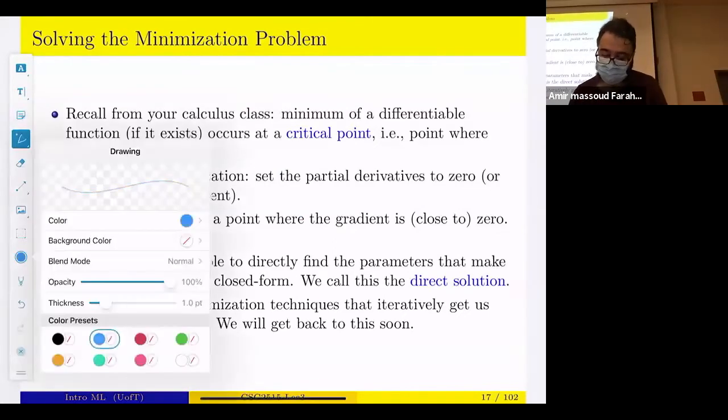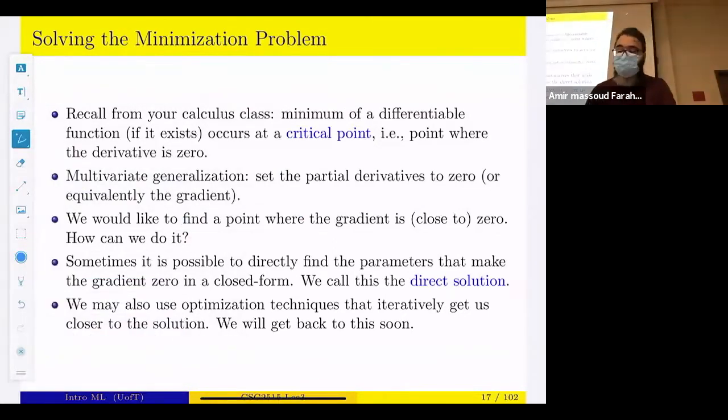Okay, so you all had your calculus. The minimum of a differentiable function, if it exists, occurs at a critical point, which is the point where the derivative is 0. In the multivariate generalization, we take the partial derivatives and make them equal to 0, or equivalently make the gradient equal to 0.